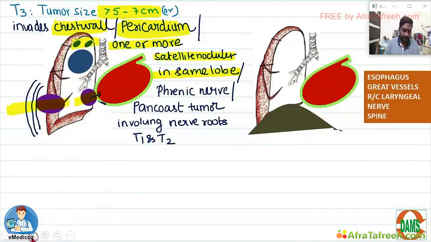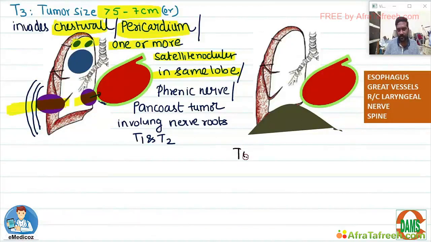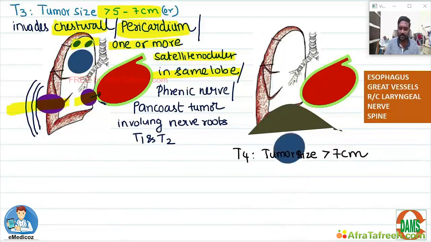Now the tumor has progressed. Now it is called a T4 tumor. Very simple: here the size is more than the previous T3, so the size will be more than 7 centimeters.